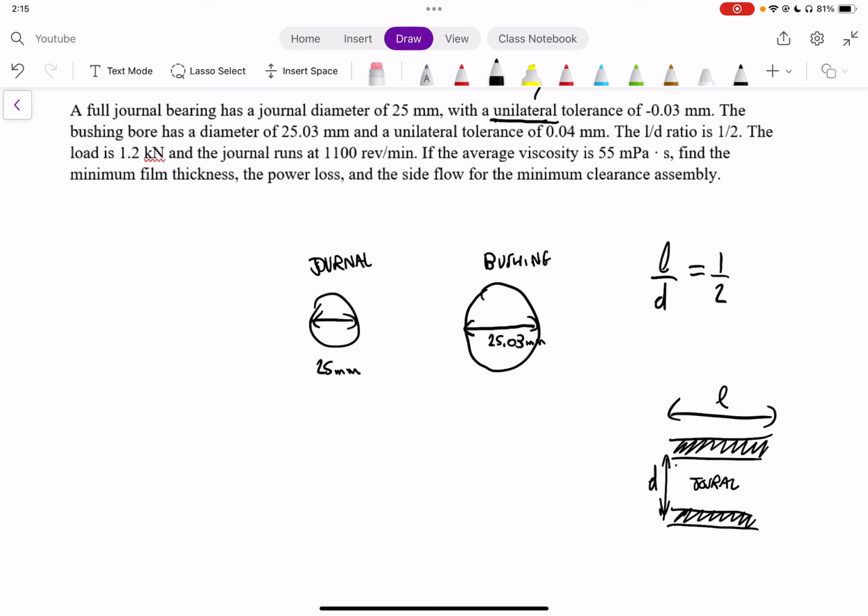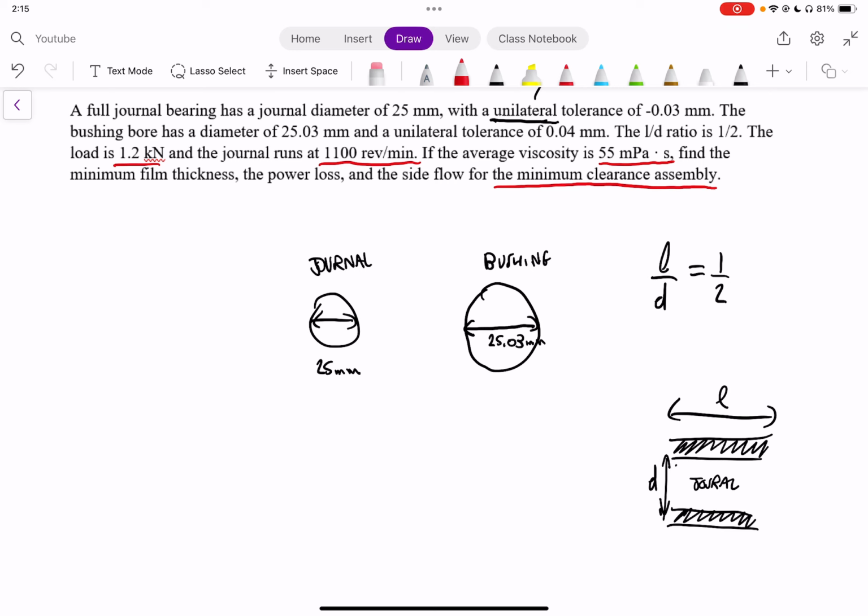So we know this information is going to be important. And then we're told if the average viscosity is 55 millipascal seconds, find a bunch of different things, and we're going to go through each of them for the minimum clearance assembly.